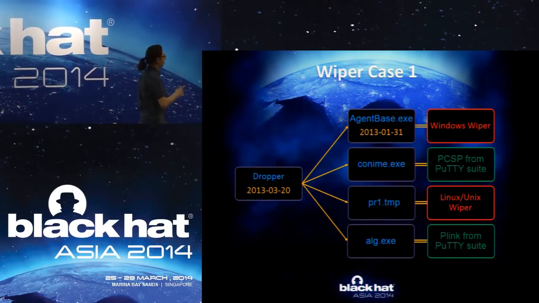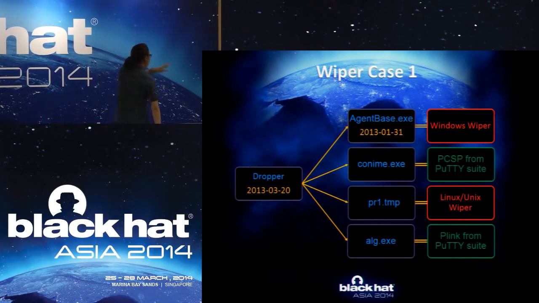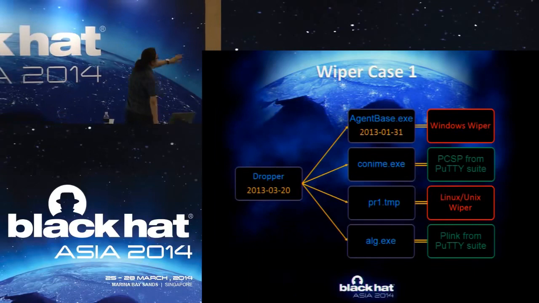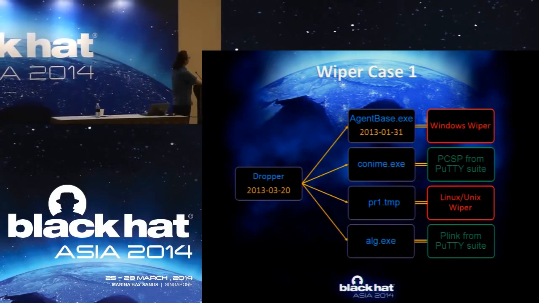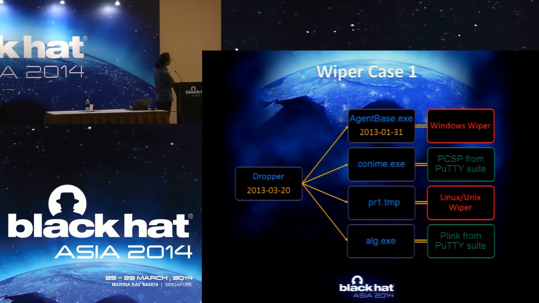The dropper's compile time is in the orange font, and it dropped 4 files: agentbase.exe, economy.exe, pr1.temp, arg.exe. So there are 2 kinds of Vipers. The first one is for Windows, the other one is for Linux, Unix. Let's get started with the Windows one.